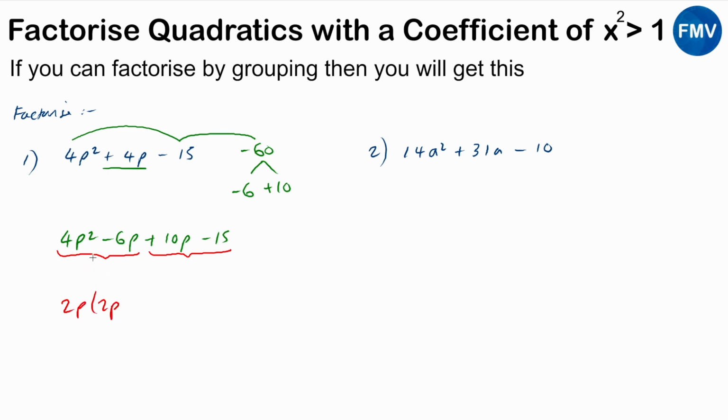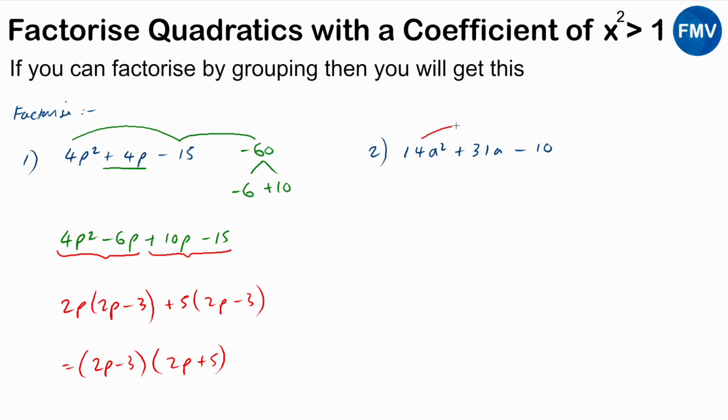Multiply that by 2p to get 4p squared, and multiply that by 3 to get minus 6p. Notice the minus there. 5 is a factor of both. I want 2p minus 3. Let's see if that works. 5 times 2 is 10. That's a positive. Positive 5 times minus 3 is minus 15. That works. We just finish off by writing out the full factorisation. And there we go. Done.